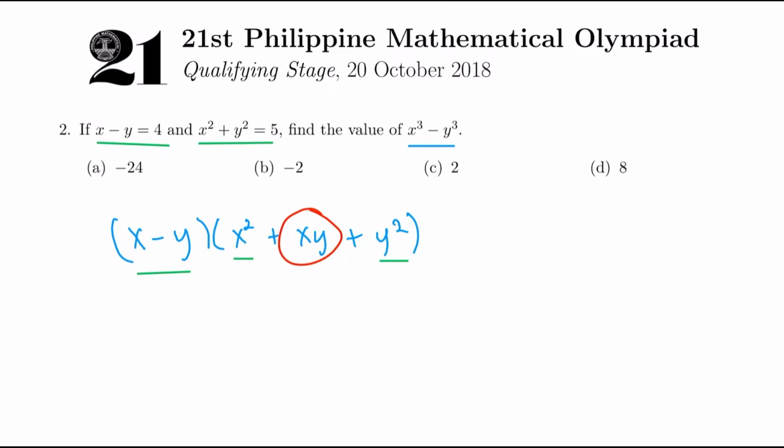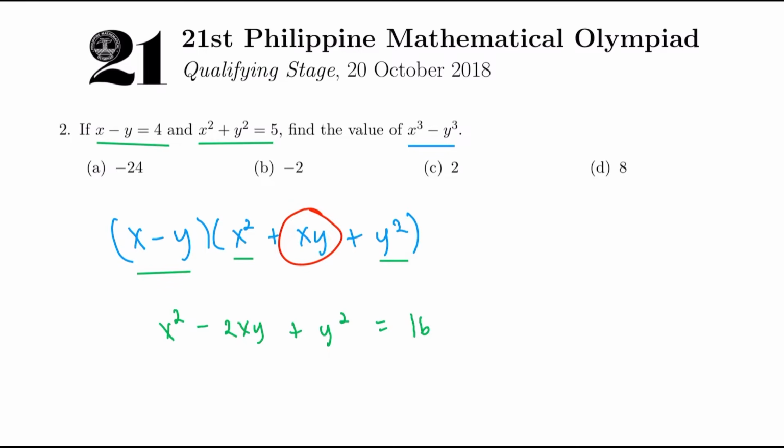Some of you would probably know that if I square the first one, x minus y equals 4, I'll get x squared minus 2xy plus y squared is equal to 16. Again, this might be obvious to some, but try to play around with the given. Eventually, we should be able to find something that works.